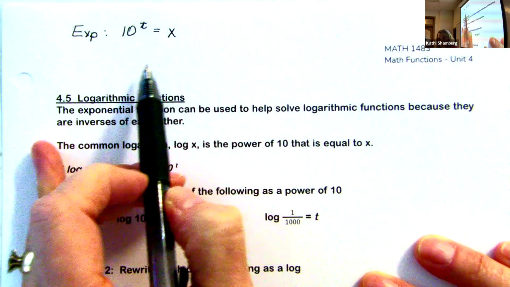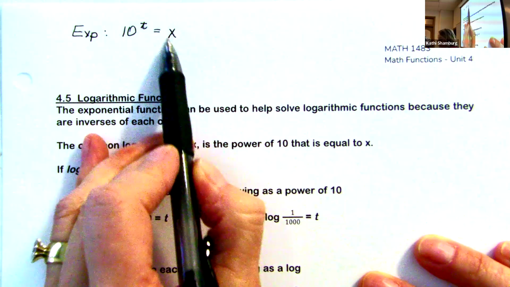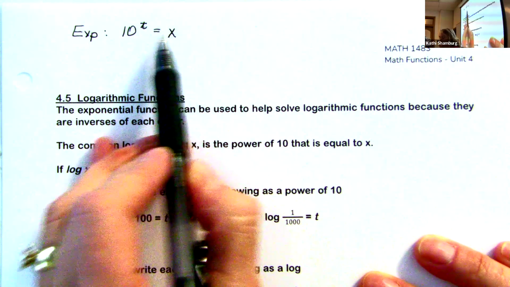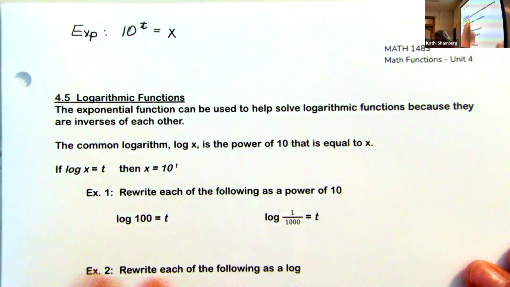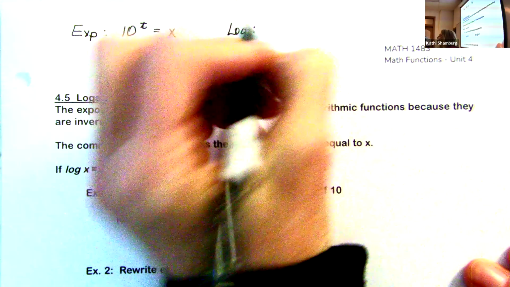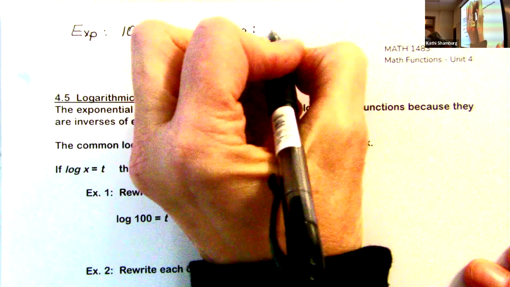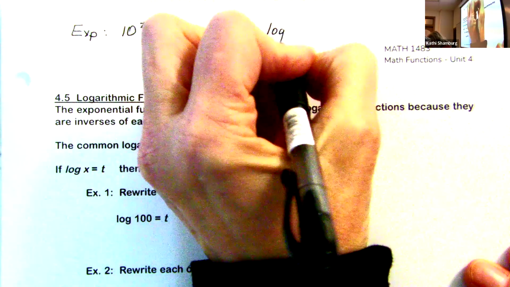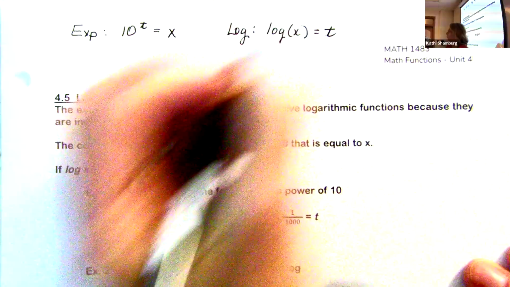So when this is written here, this is my variable, this is my function, okay? We just look at it this way because we want to look at its relationship to a logarithmic equation. And the logarithmic equation is written as log of x equals t.